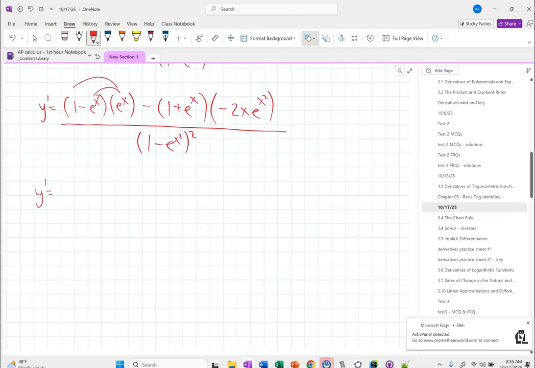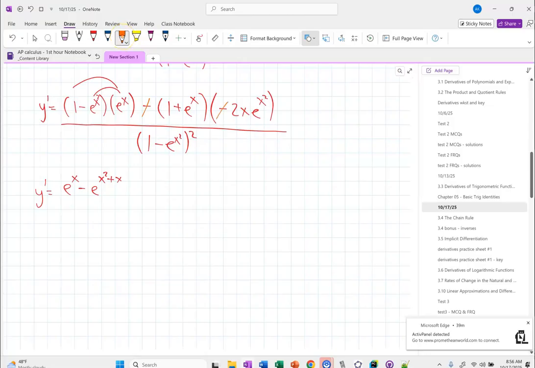So I distribute this through. What's e to the x squared times e to the x? Nope. E to the x squared plus x. Remember, we're adding exponents when we multiply bases, right? Oof, I know.